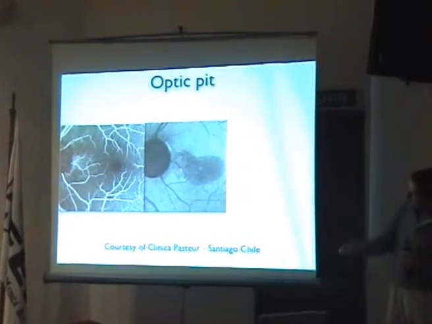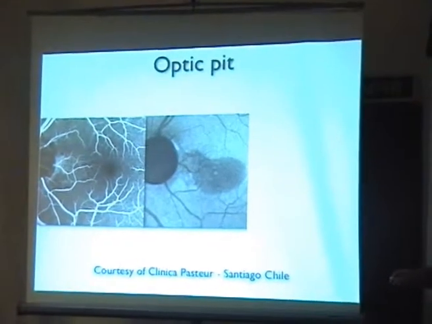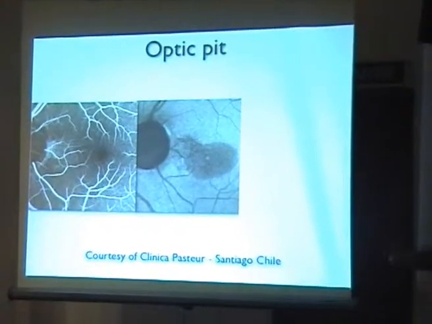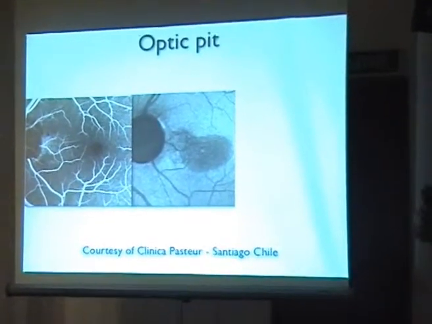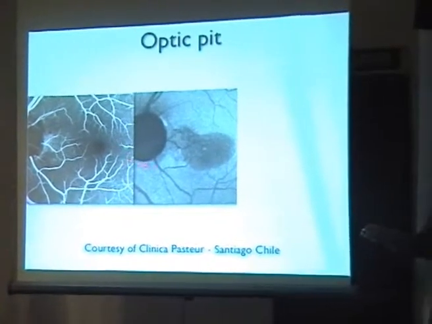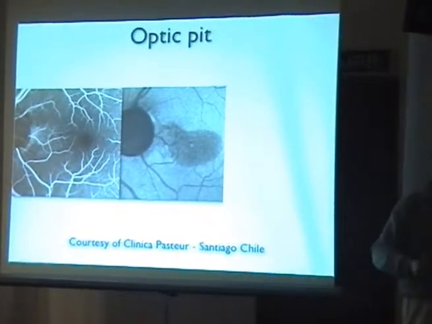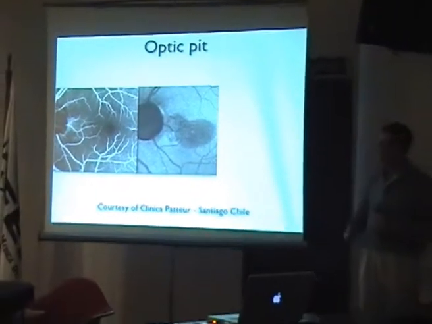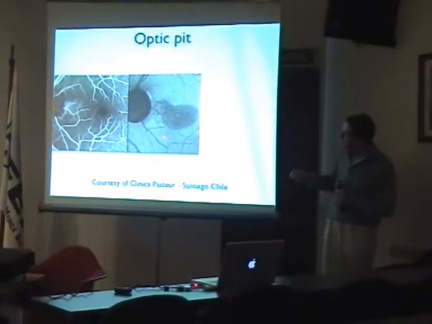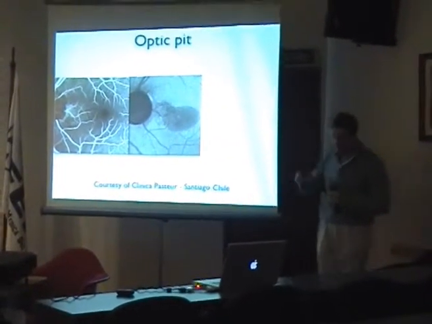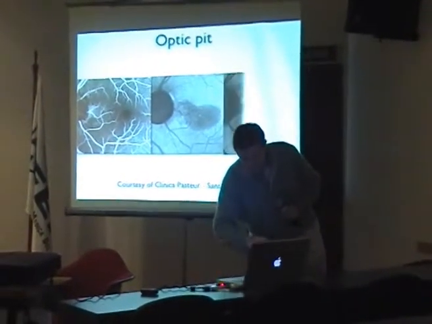This exam was in Santiago, when 2 years ago I went for a meeting, and we just had the first HRA2, and we played with that, and I saw this patient, and look at the autofluorescent image.